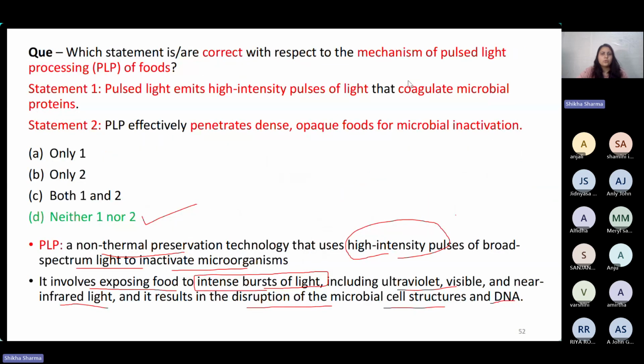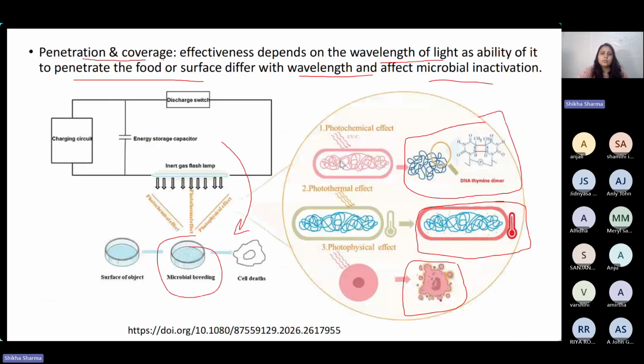So we were discussing the statement that PLP effectively penetrates dense opaque food for microbial inactivation, which is not true. It needs food in direct contact and less dense food so that it can penetrate inside and inactivate the microorganism based on these three mechanisms: photochemical, photothermal, and photophysical.